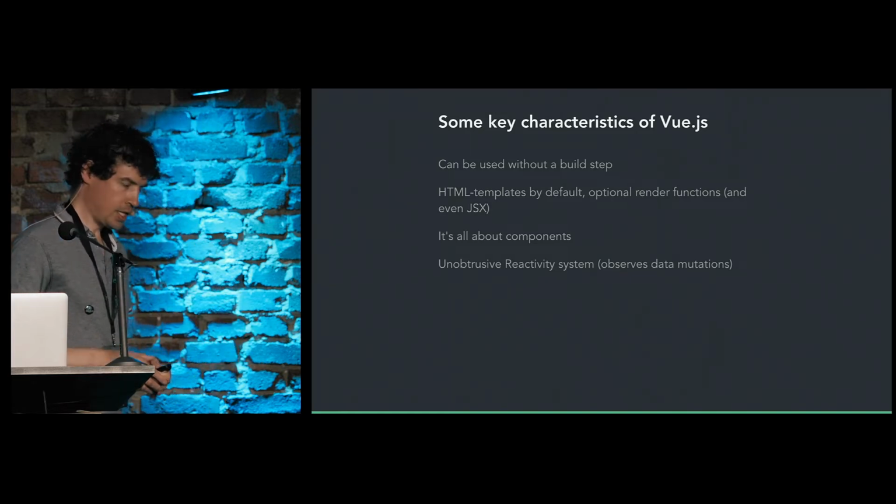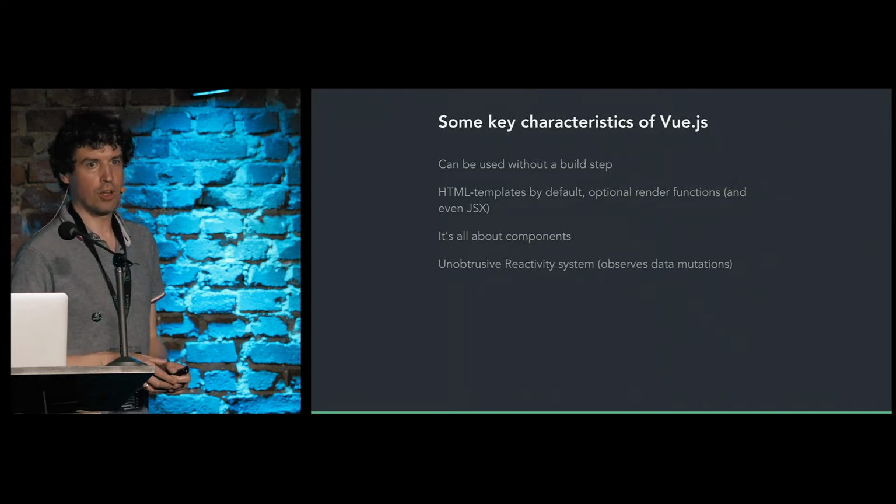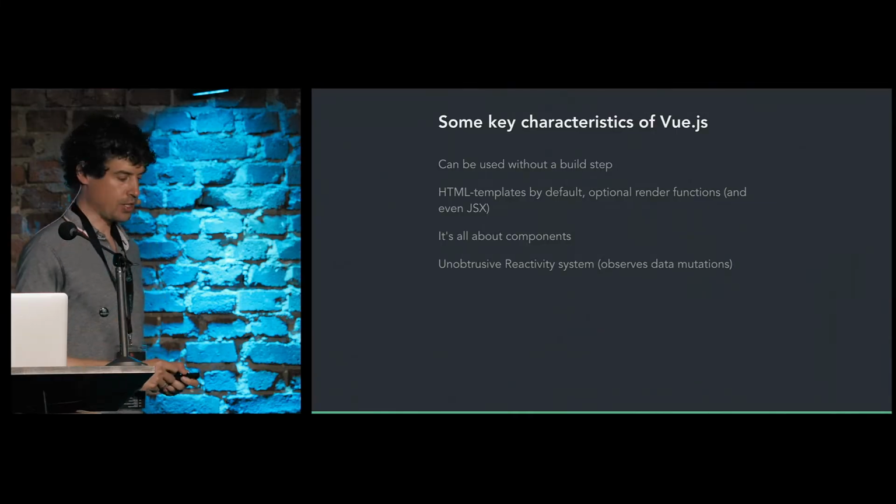Most of the way, it just works and you don't have to know about it, and this is one reason that Vue is considered very beginner-friendly, because you don't need to think about it. But it makes sense to have a little bit of understanding how it works behind the scenes.